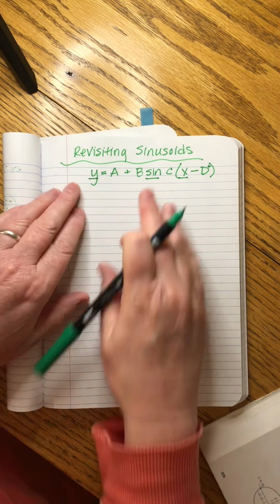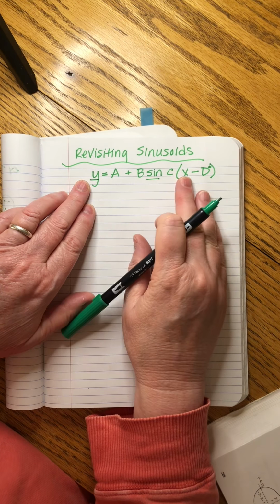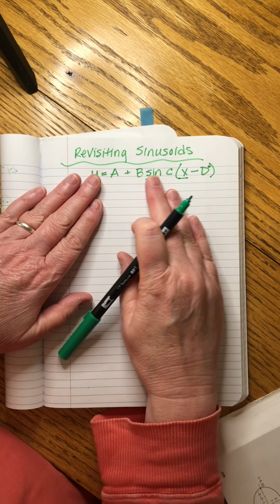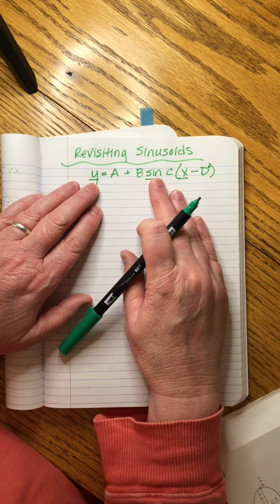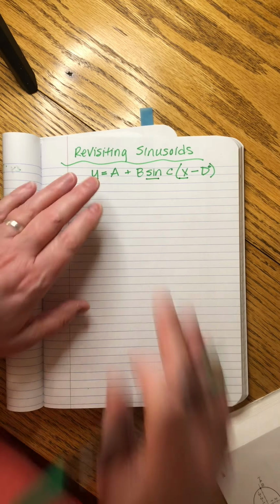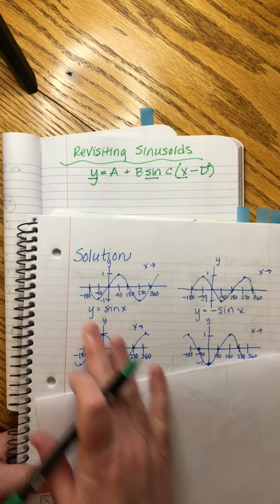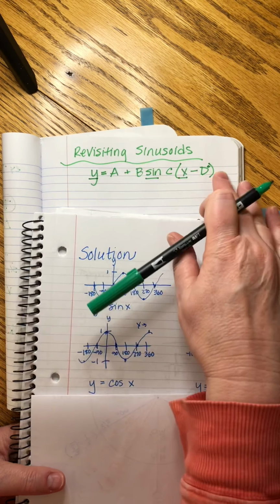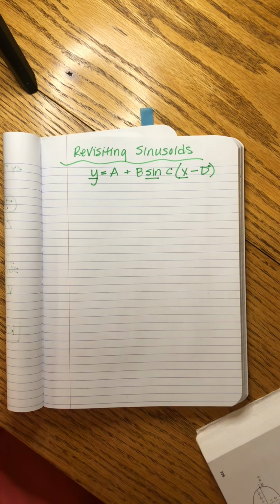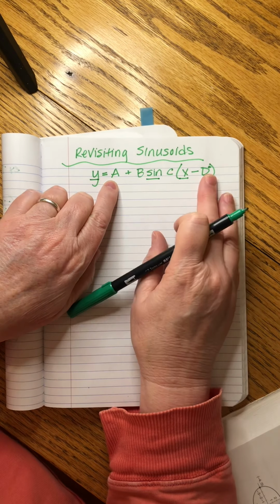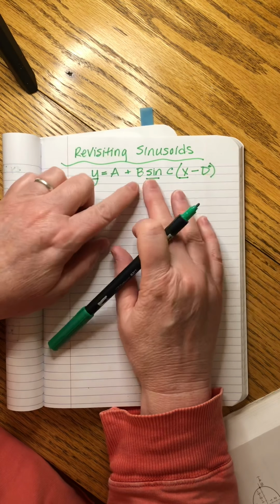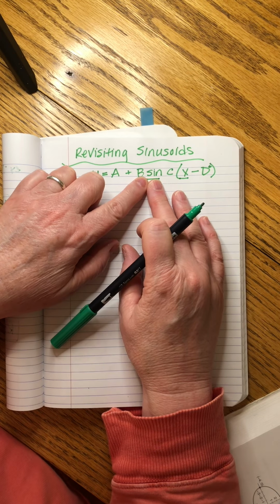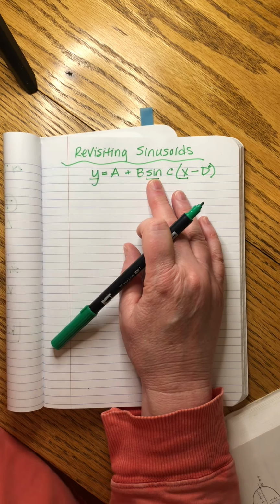So that's where you see that original function here. Obviously, we can take the cosine or the negative sine or the negative cosine, just like we did here, and we can write equations based on those with the a, b, c, and d, but we're just going to look at the A and the B and the C and the D. We're going to focus on that, and whether it's sine or cosine doesn't really matter, positive or negative.